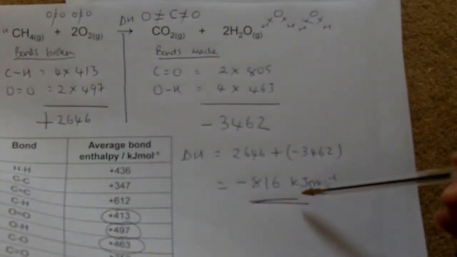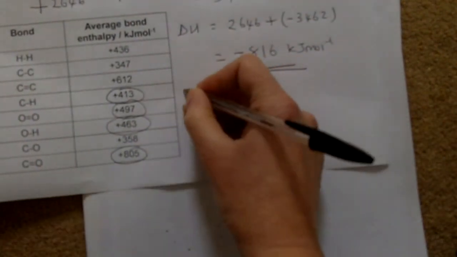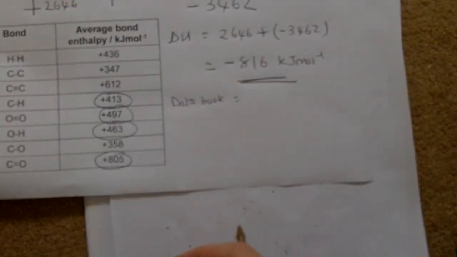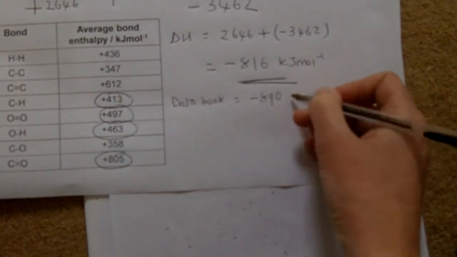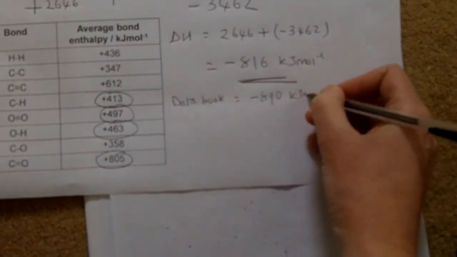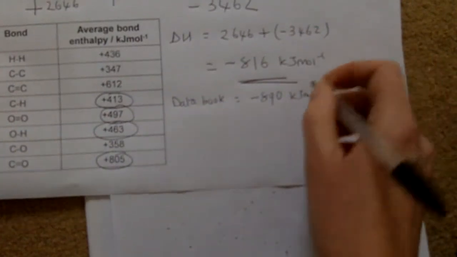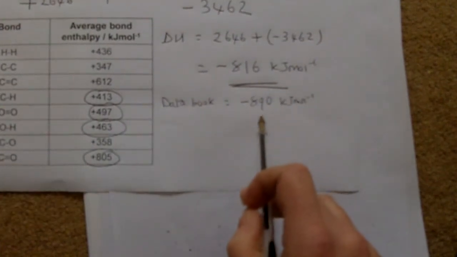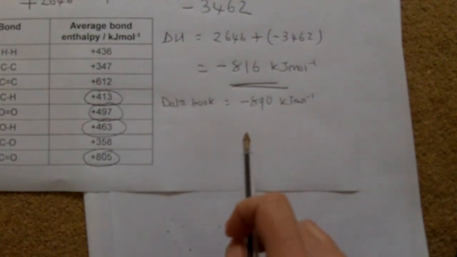But if I was to look it up in the data book, in that reference book, that value actually comes out as minus 890 kilojoules per mole. So the calculated value is that, but the actual proper value, the true value for this enthalpy change, is minus 890.